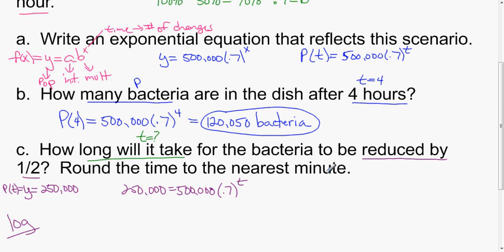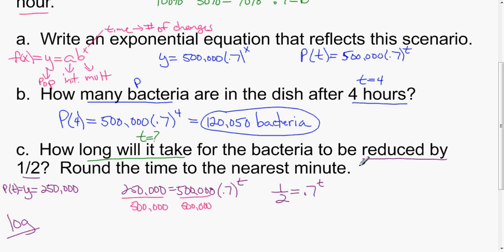So to get t by itself, my first maneuver is to divide by 500,000 on both sides. And interestingly enough, it just gives me 1/2, which makes sense because I was finding where the population was cut in half, is equal to 0.7 to the t.